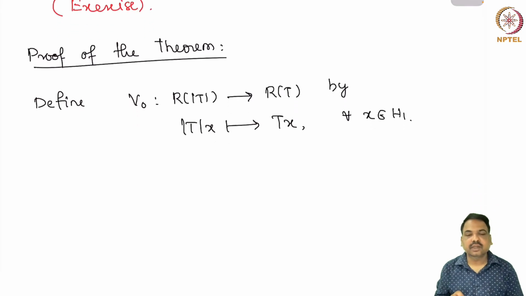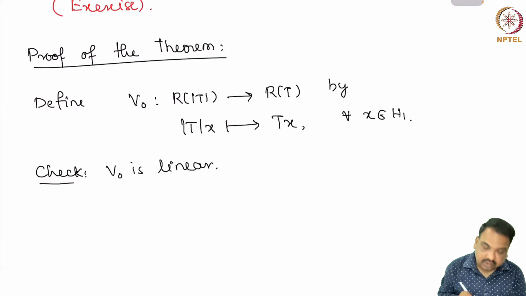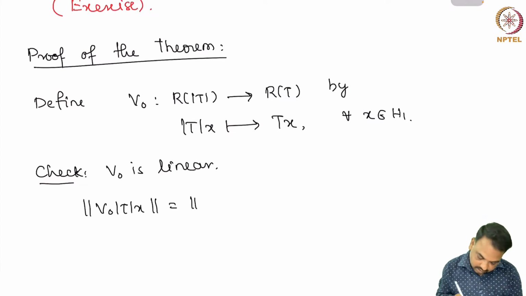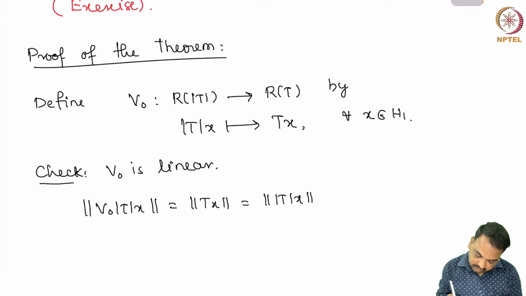We can easily show that V naught is linear. And it's also bounded. V naught of |T|x, if you look at the norm of this, is exactly norm Tx. But we know that norm Tx and norm of |T|x are the same by the earlier observation. So we can say that V naught is an isometry.